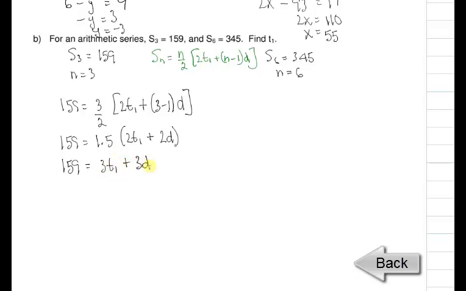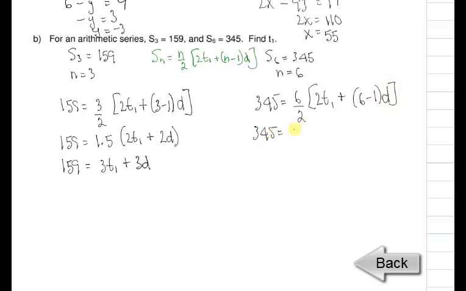Okay, I'm going to do the same thing for when S6 equals 345. In place of S subscript n, I'm now going to put 345 because S subscript n is going to be S subscript 6. And so I go 345 equals n is 6 over 2 times 2 times t1 plus n is 6, don't know what d is.